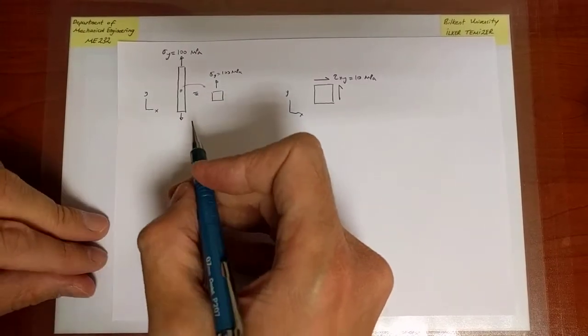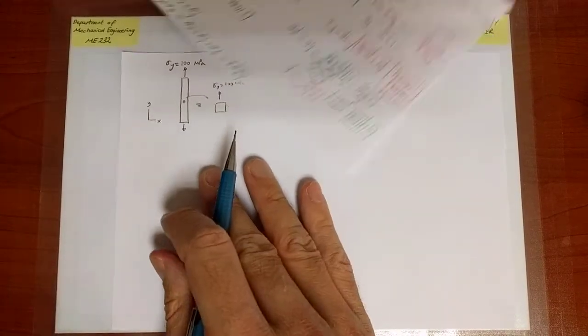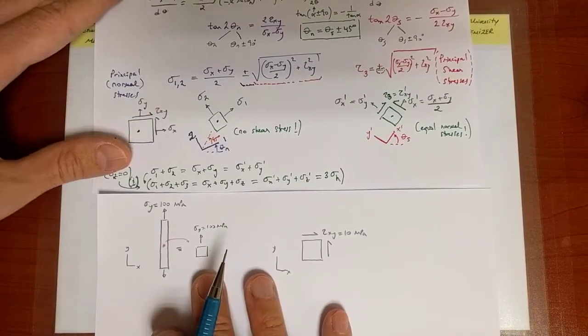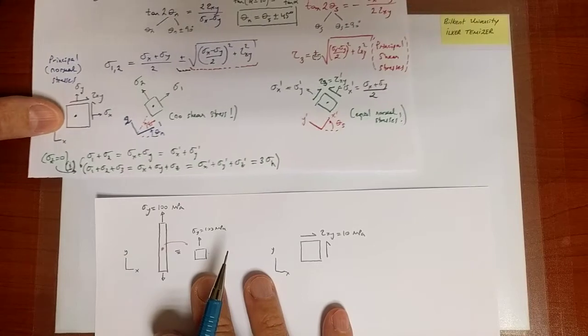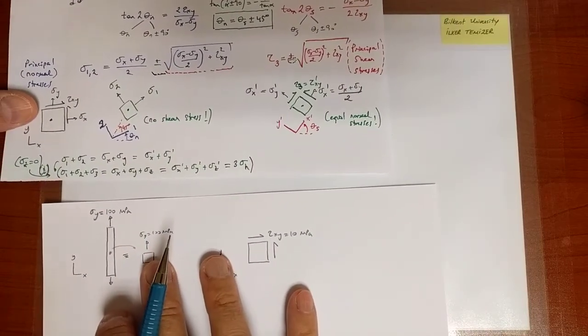Now, the first one is this one, and here I will first refer back to these equations and try to figure out what the principal directions and the values are.